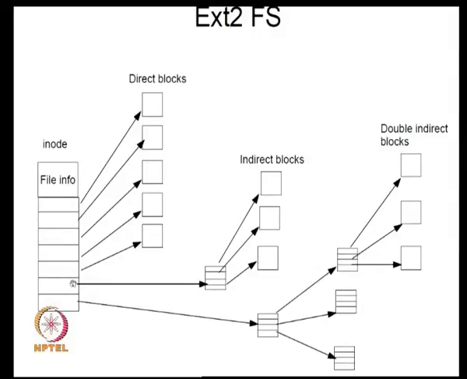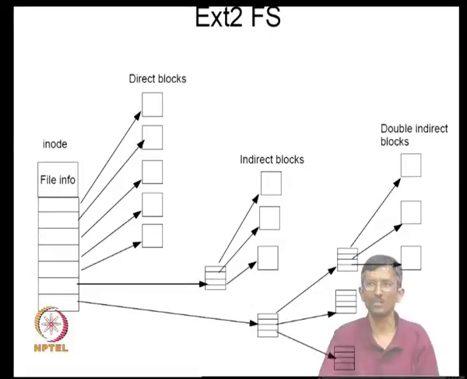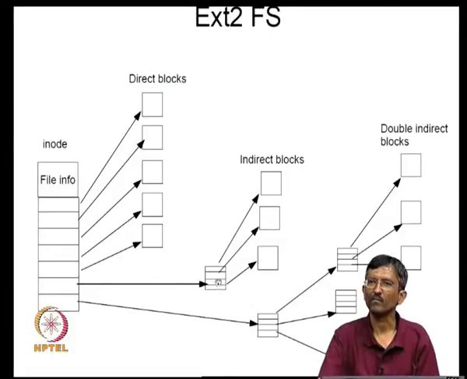So, they use something called indirect blocks. I have an indirect block here, and this itself in turn stores the block addresses. This is the first level of indirect blocks. It is not storing the blocks directly, but the addresses of blocks. You have to go to another auxiliary structure, and this actually talks to the blocks.